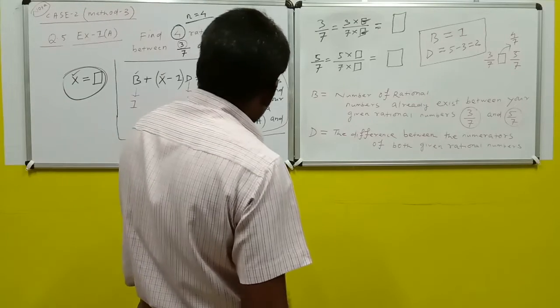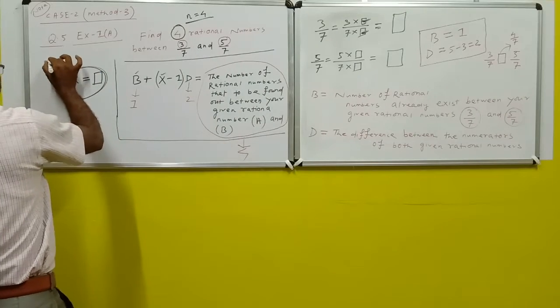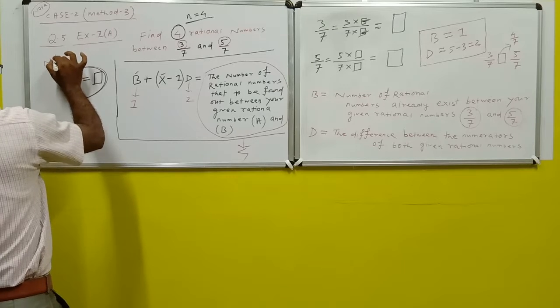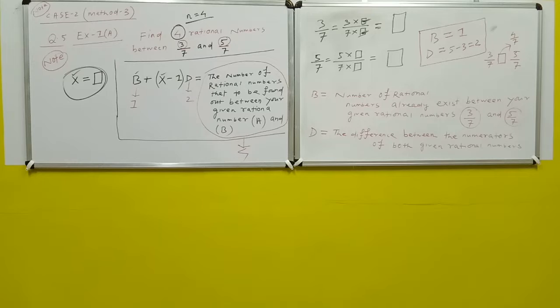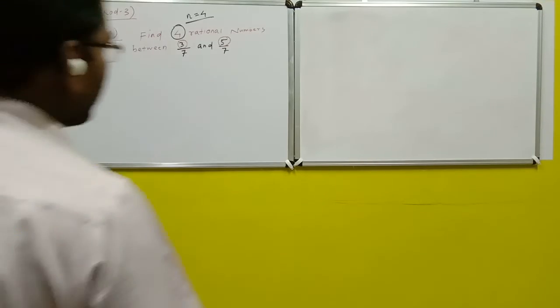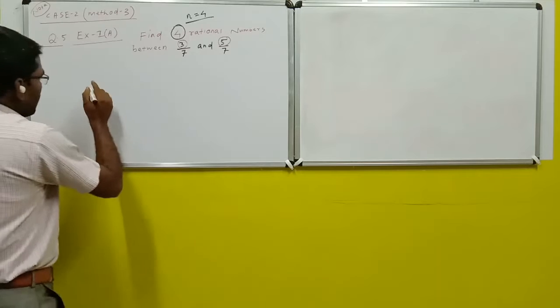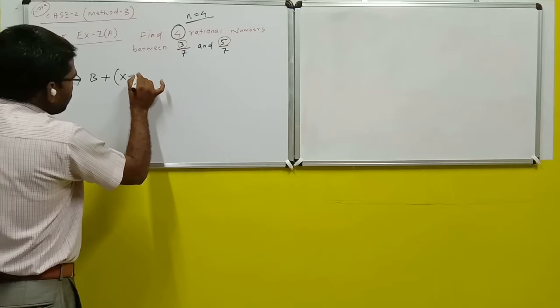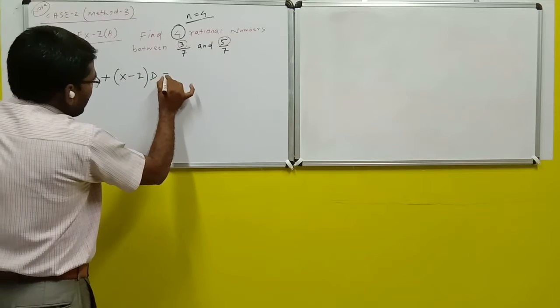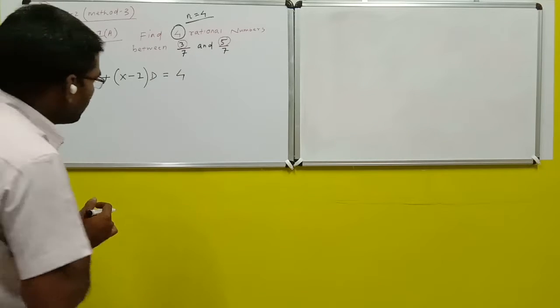First note it, because there is no space here to write. So students, finally you have got B plus x minus 1 into D equal to 4.